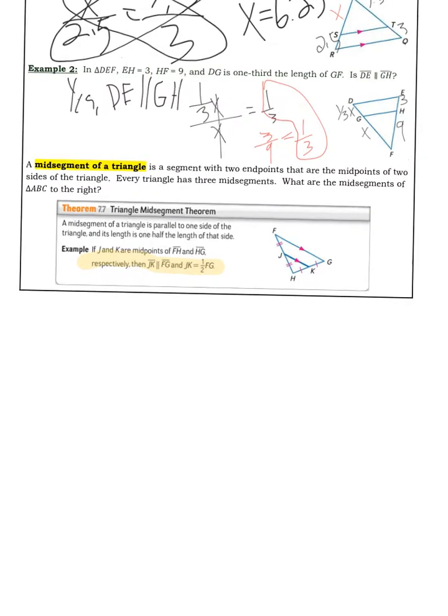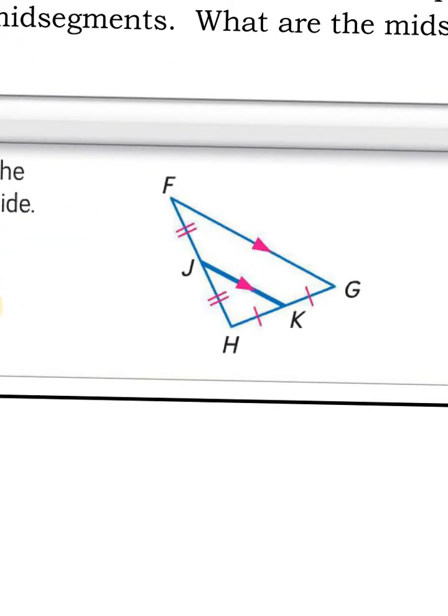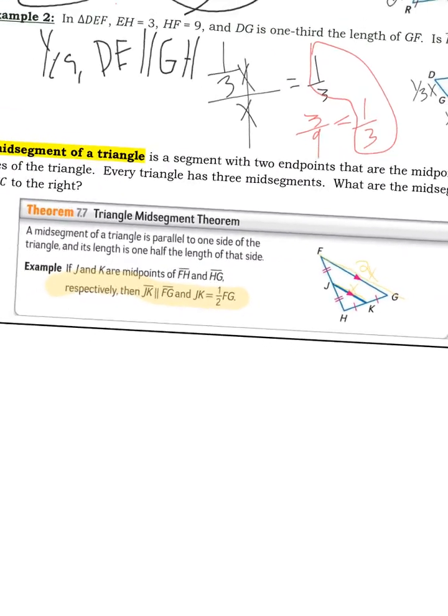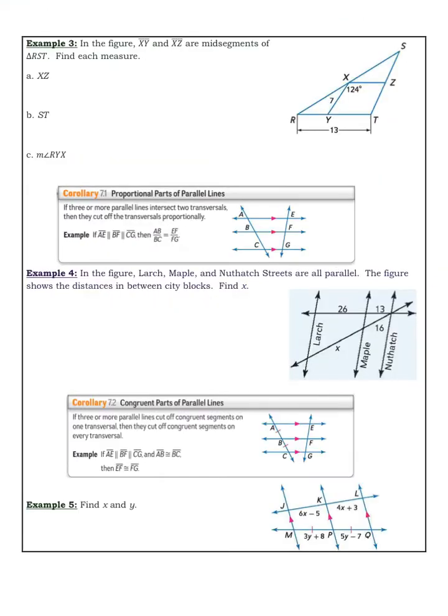So that says JK is 1/2 of FG. So if you want, you can call this X, and this is 2X, since if it's 1/2, it's twice the length. But yeah, let's look at the examples on the next page, and I'll show you what I'm talking about.